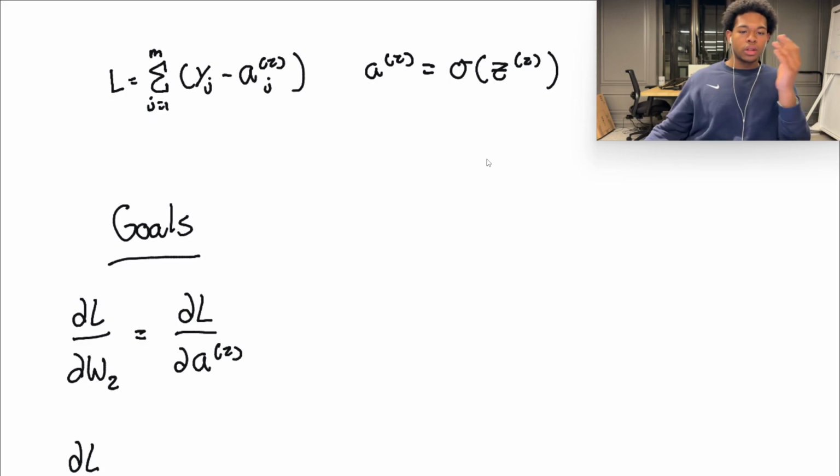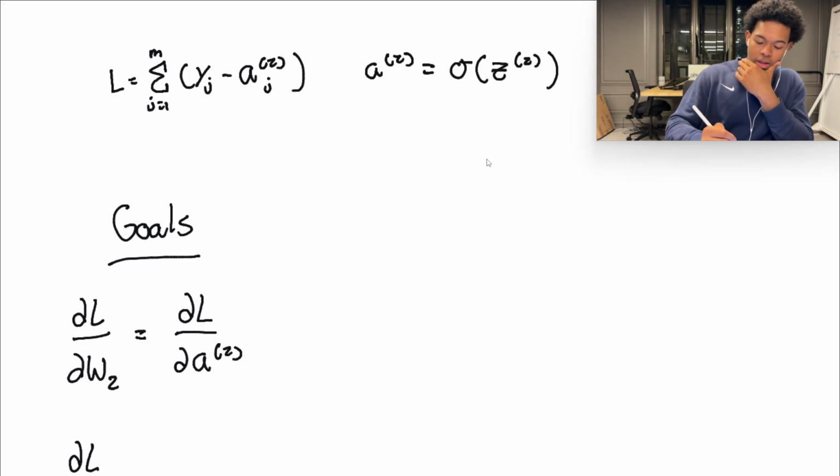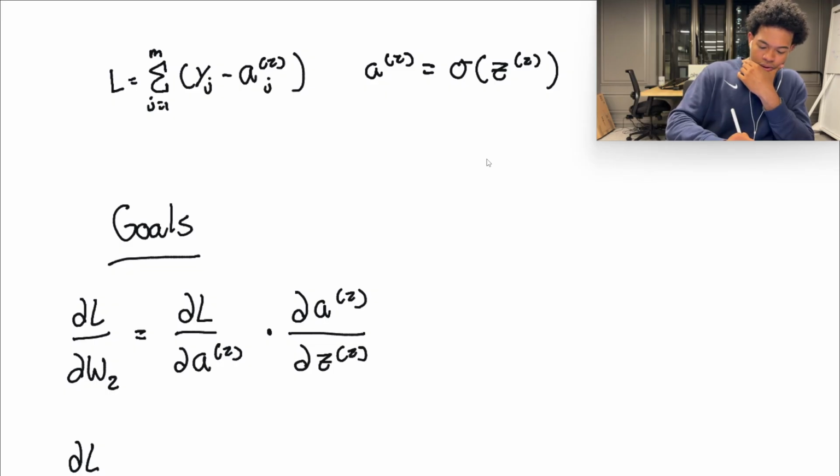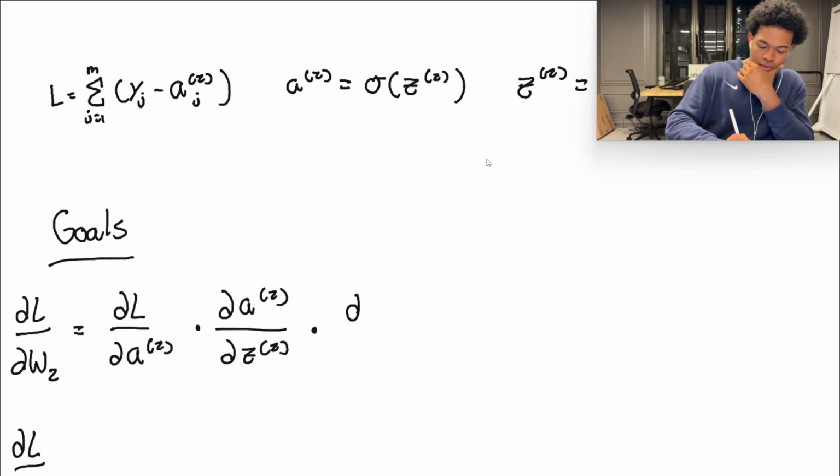That's completely fine. We're all happy with that. Times the partial derivative of A2 with respect to Z2, times the partial derivative of Z2.